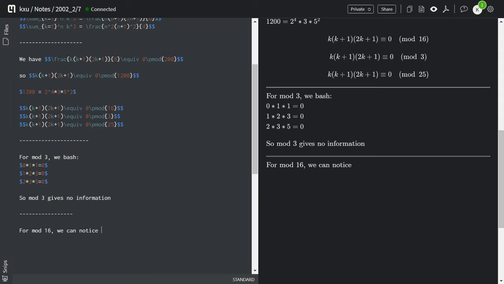Whenever you're working through a problem, you should try to notice tidbits like this: 2k plus 1 must be odd, which greatly simplifies the question because we can ignore its factor completely, being relatively prime to 16.